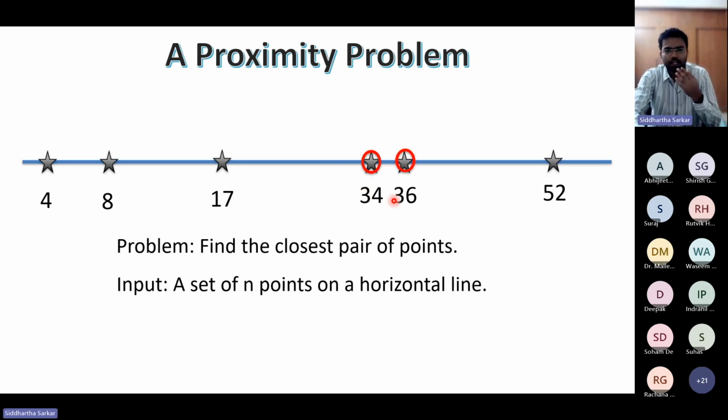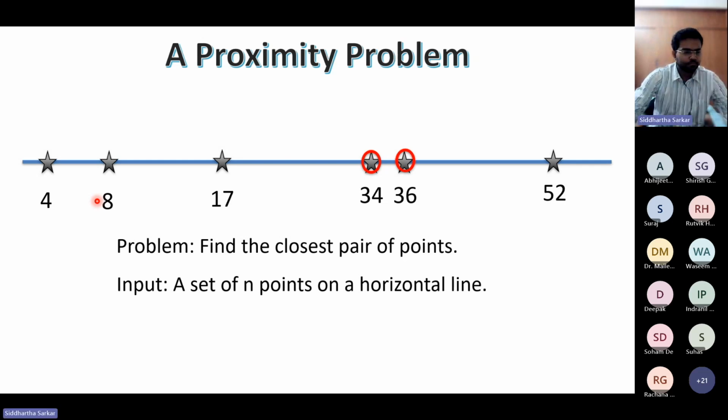Then you do not need to compare 34 again with 8. So half of the comparisons can be avoided, isn't it? Okay, so the number of comparisons comes down from n into n minus 1 to n into n minus 1 divided by 2, which is nothing but n choose 2.